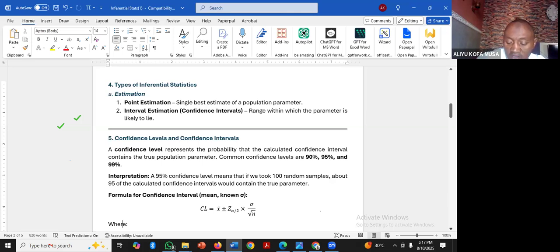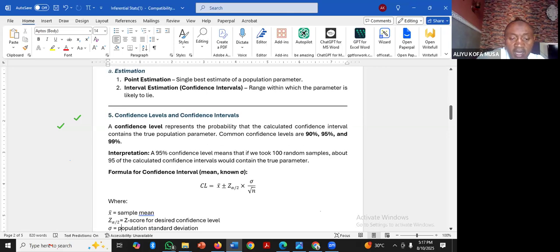So let's take for example, when we say I am at a 95% confidence level, it means that if we took 100 random samples, about 95 of the calculated confidence intervals would contain the true parameter.